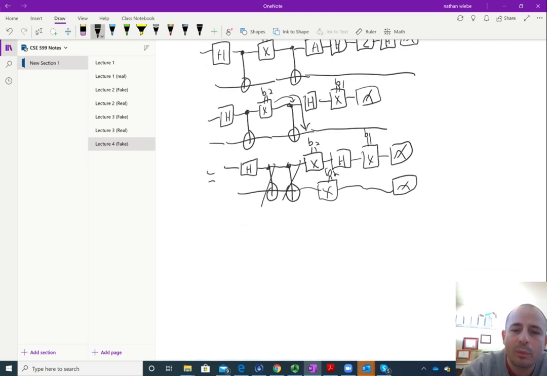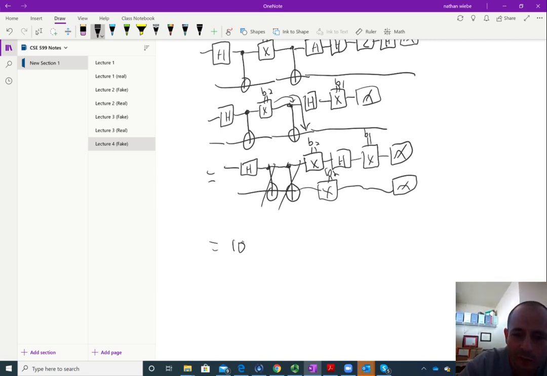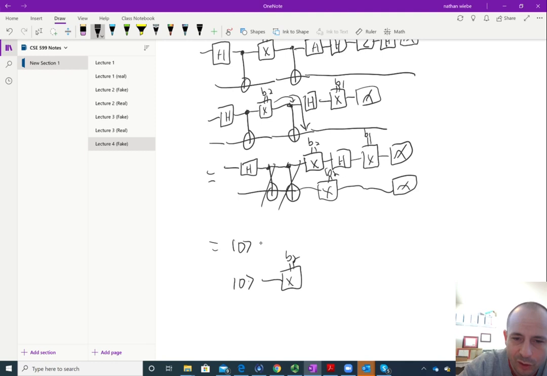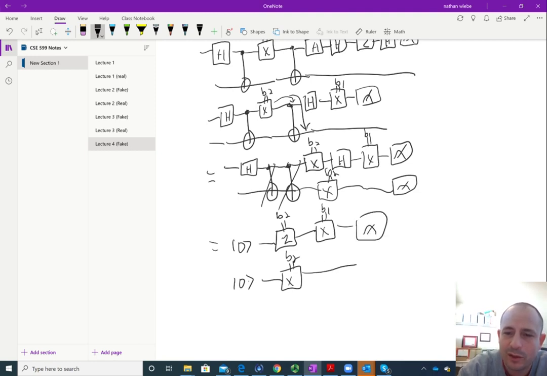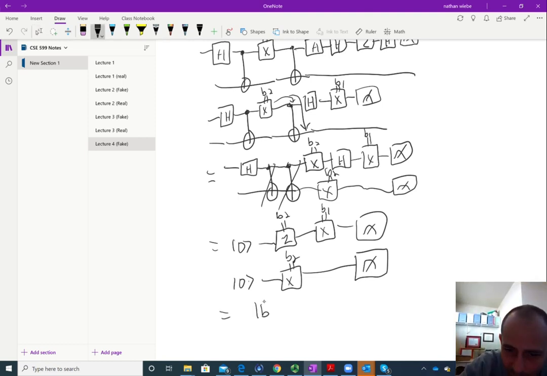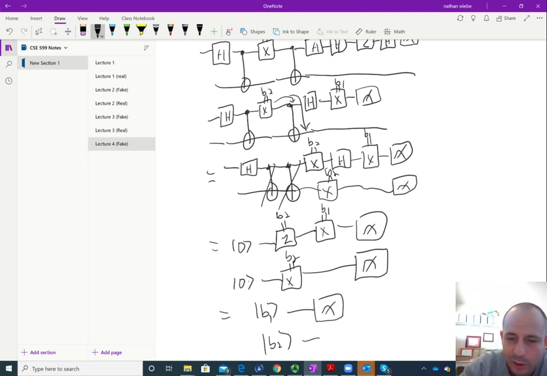Now, because this is self-adjoint, this is equal to 0, 0, X b2, and this is Z b2 followed by X b1 fed into 2 meters, which is exactly equal to b1 b2 fed into 2 meters.